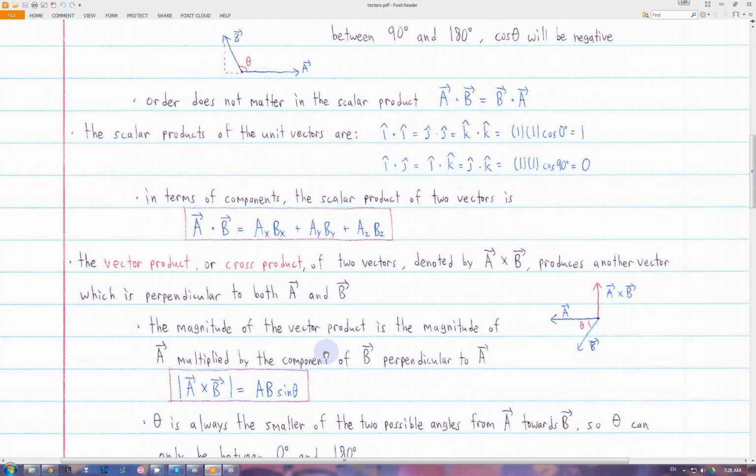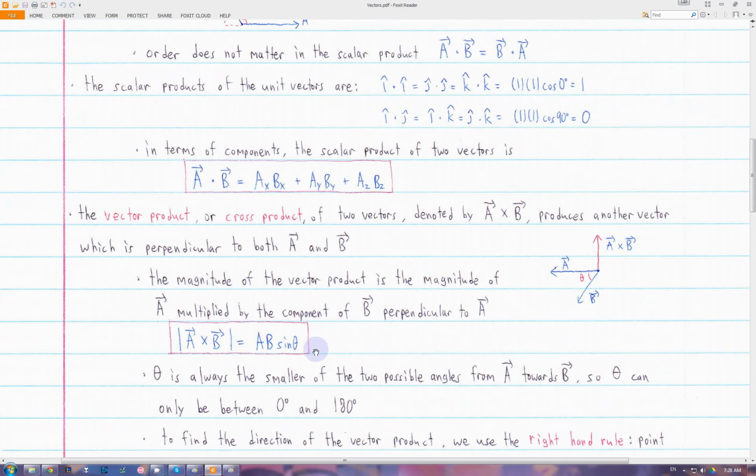And so the second way to multiply vectors is the vector product or the cross product.